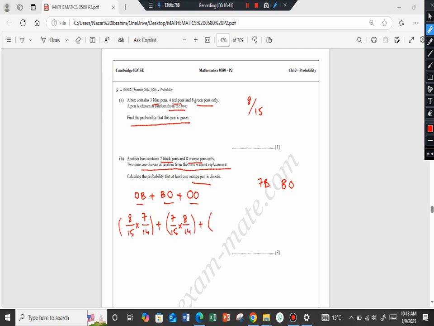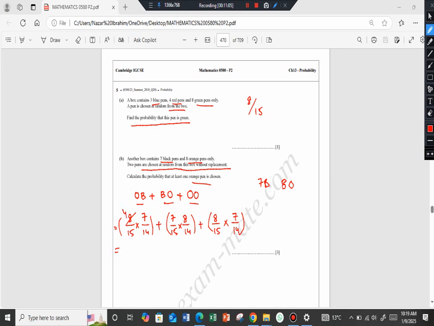Clear? Third, first is orange, second is orange. First orange is 8 upon 15, multiplied by how many are left? 7 orange pens are left, and the total left is 14, because it is without replacement.